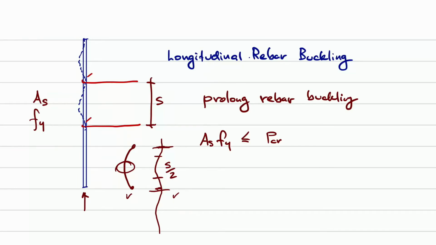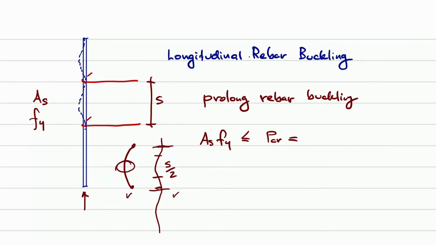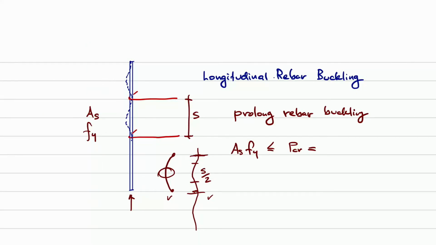Then Pcr is equal to, if you still have some knowledge of the mechanics, pi squared E, which is Es, and I over L squared, so it is the S squared. I, what is the I?